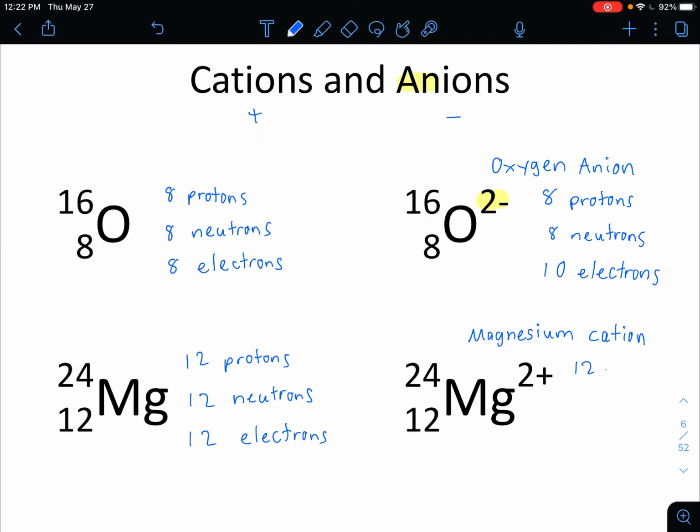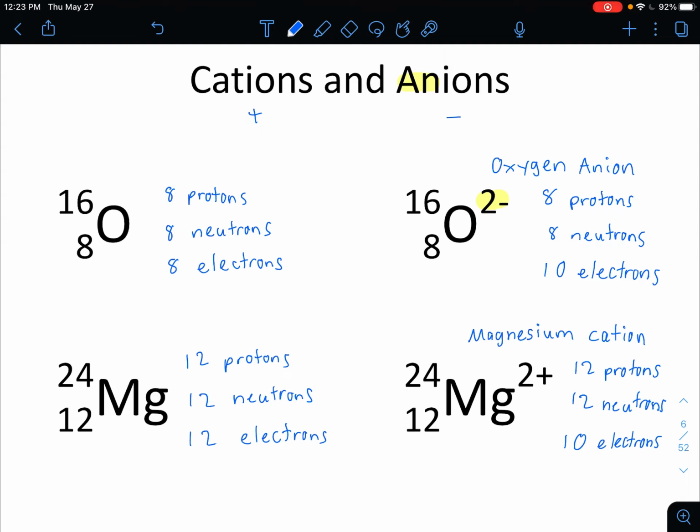So it's 12 protons, 12 neutrons, just like before, but now it's +2, so that means there are 2 fewer electrons than protons. So now it's going to be 10 electrons. So that's how atomic symbol notation works.